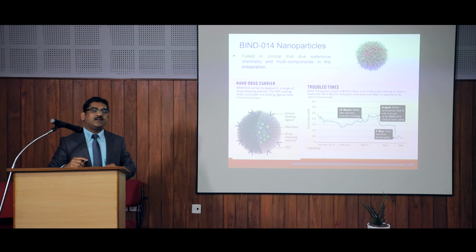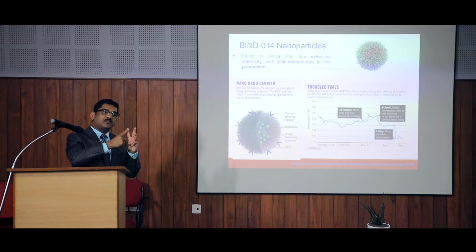But at the end, what happened? They chose docetaxel. They chose a docetaxel PLGA formulation, and also a PLGA formulation that is conjugated with PSMA. So these three, at the end, when they went for clinical trial, in the phase 3 trial, they didn't find much difference between the docetaxel formulation and the docetaxel formulation with the targeting moiety.